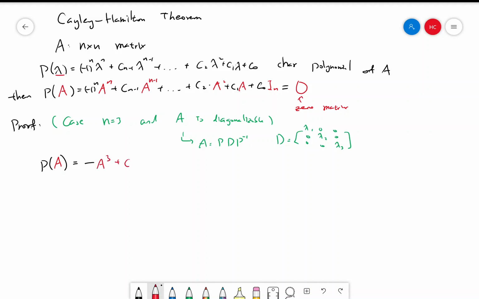plus C2 A squared, plus C1 A plus C0 times the identity matrix. But because A can be diagonalized, A cubed is P D cubed P inverse, plus C2 times A squared, which is P D squared P inverse, plus C1 P D P inverse, plus C0.